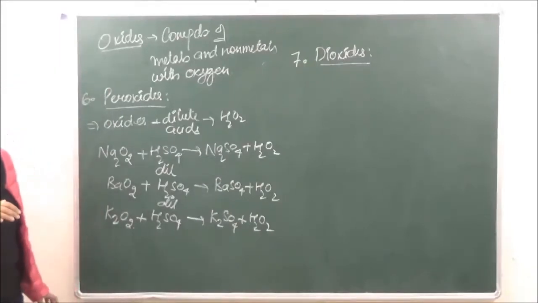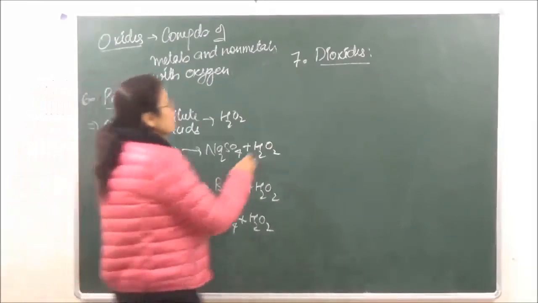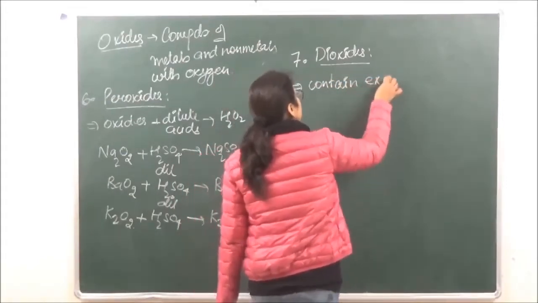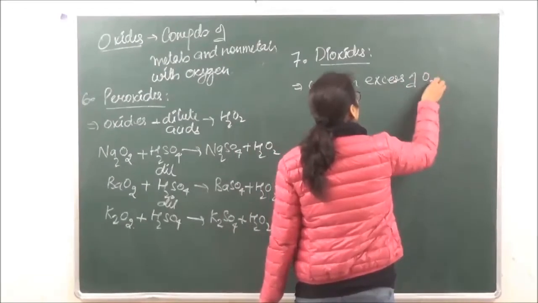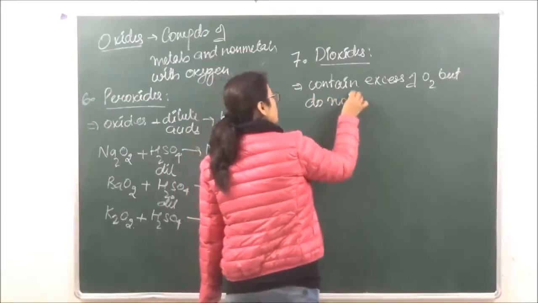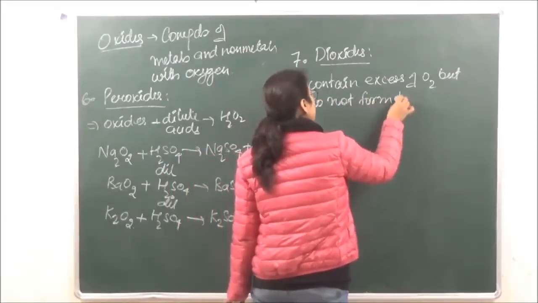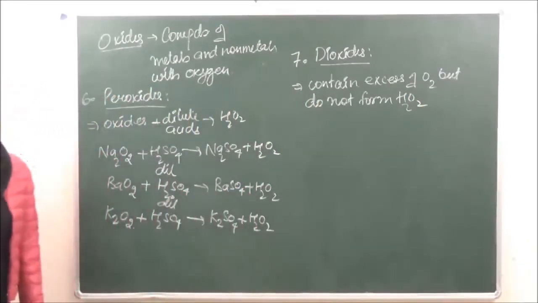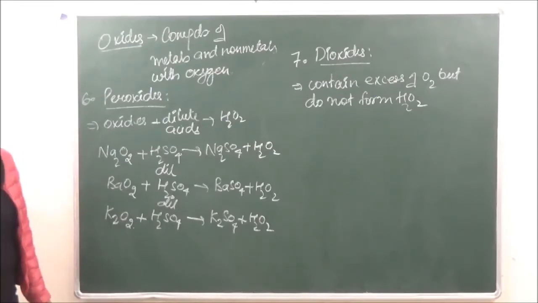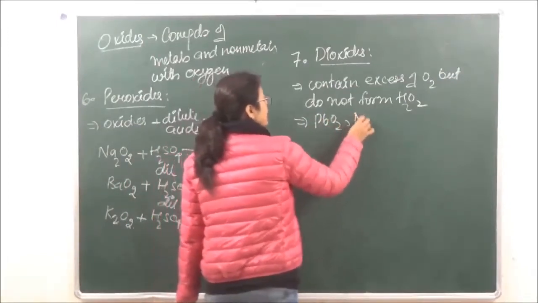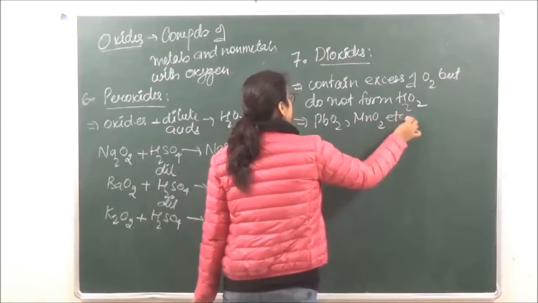They contain excess of oxygen, but they do not form H2O2. ठीक है? Examples जो हम लोग ले सकते हैं इसके, like we have PbO2 and MnO2, lead dioxide and manganese dioxide, etc.